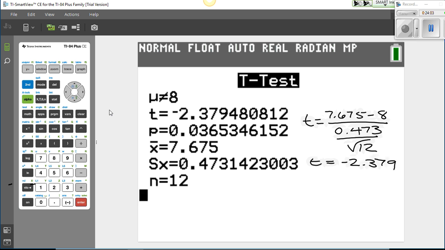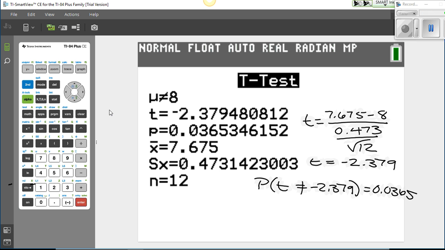You can do negative 2.38 is also fine. And then P, probability of T being not equal to negative 2.379, it's going to be 0.0365. And that's going to be your probability.